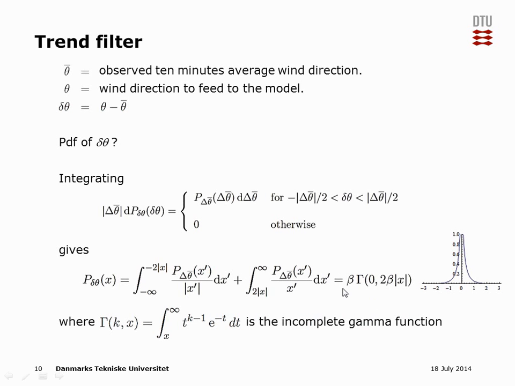you can see that you get some filtering here, which depends on the incomplete gamma function, and the same parameter as was used here, which we realized depended on wind speed, and also on x here, which I think is the jump in wind direction, again just written as x.